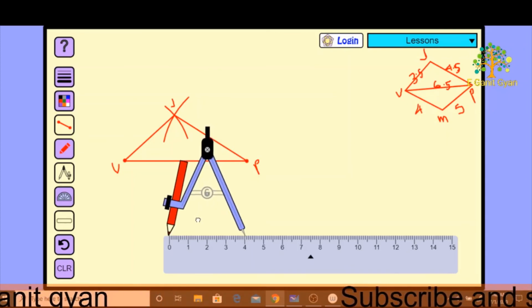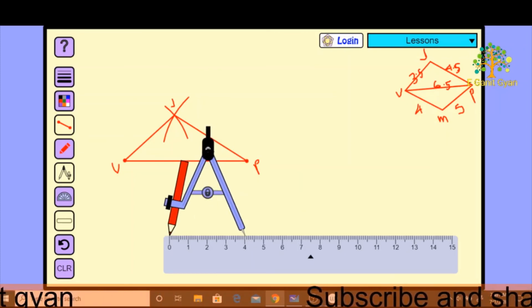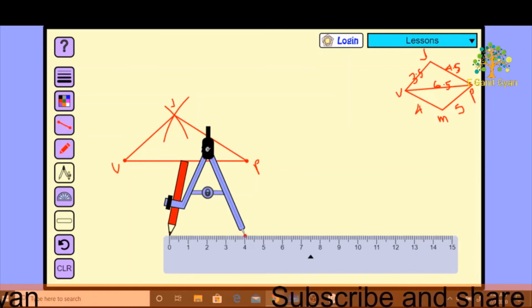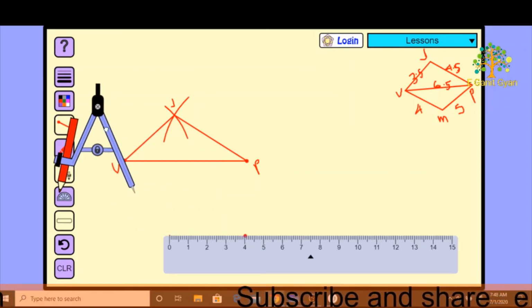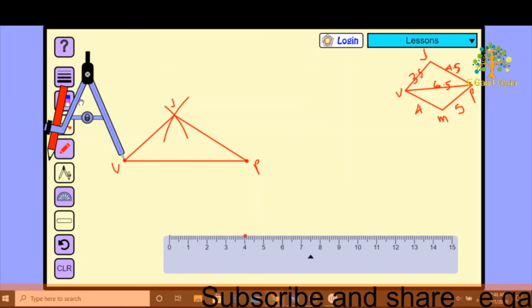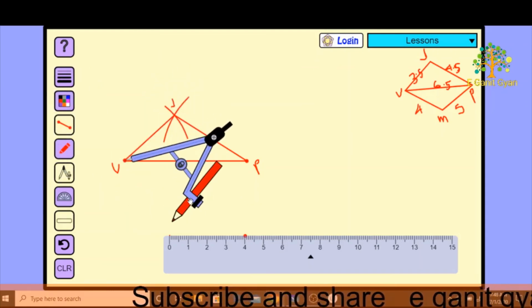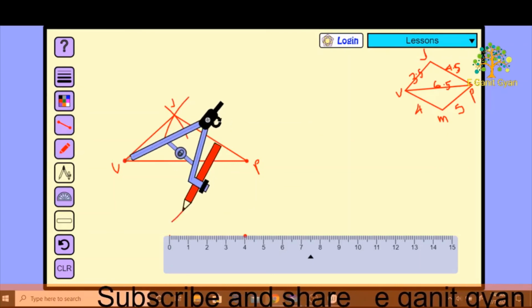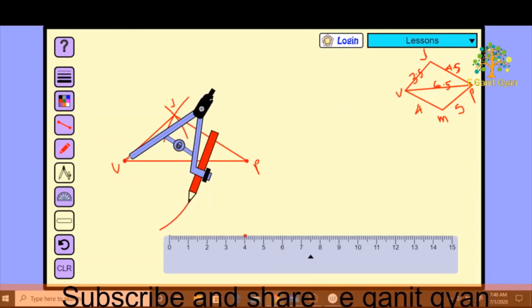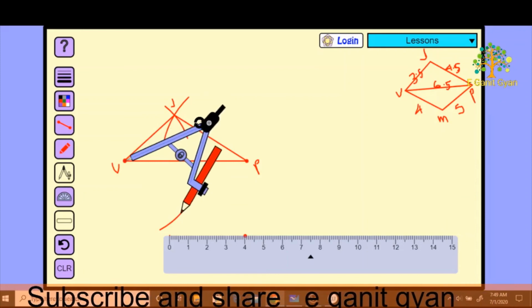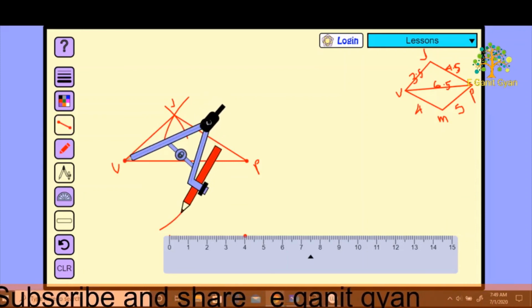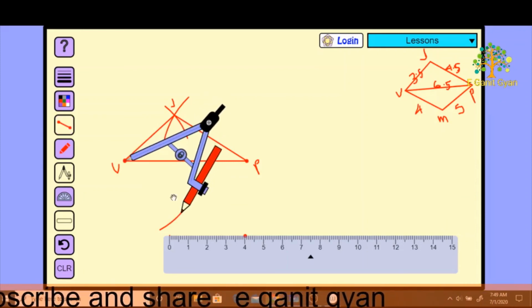Yes, 4 centimeters on the compass. Fix it, and draw one arc here. With U as the center, draw one 4 centimeter arc here.